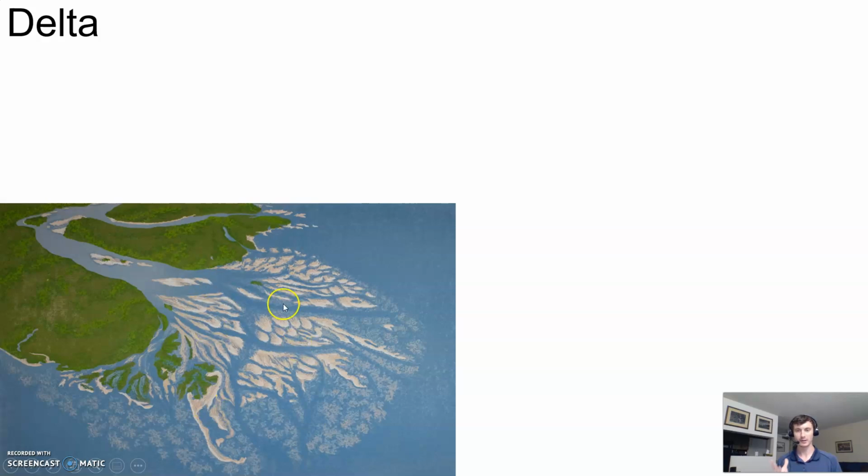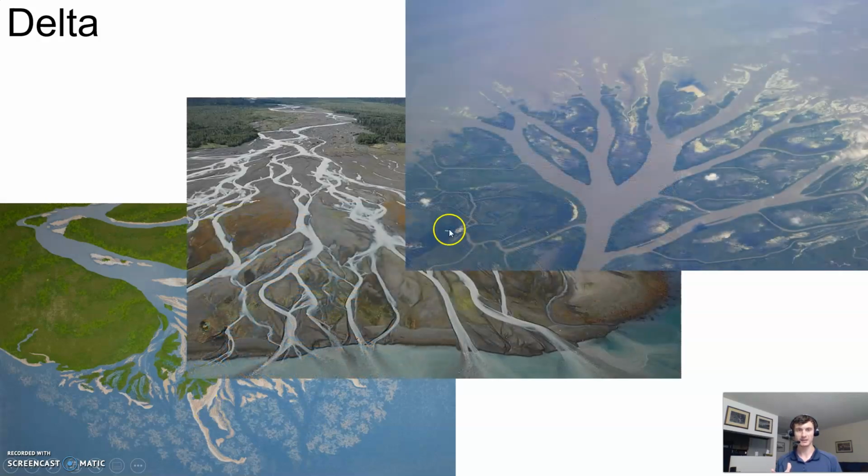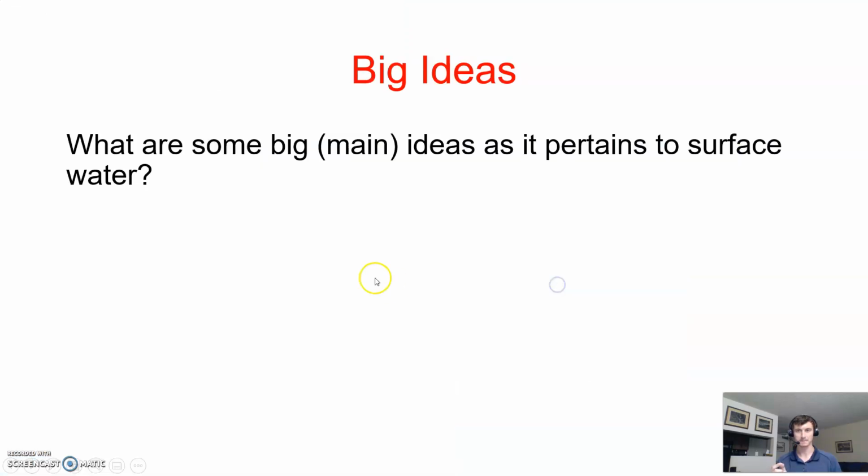It slowly builds outward in the form of these deltas. And yes, I think it's this one you can really see why these are called deltas, because it starts to form these triangular shaped bodies.